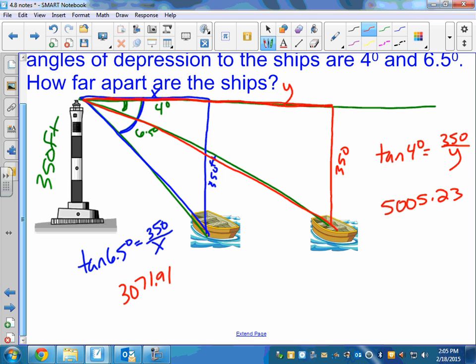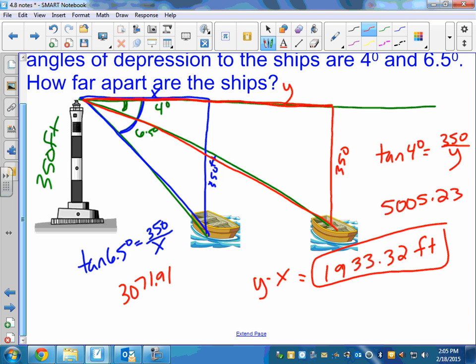So if I take y minus x, I get 1,933.32 feet apart. Not so bad, right? The big thing is drawing your picture.